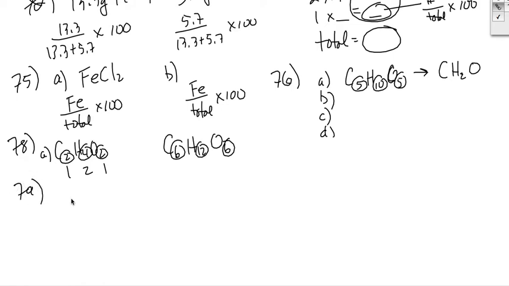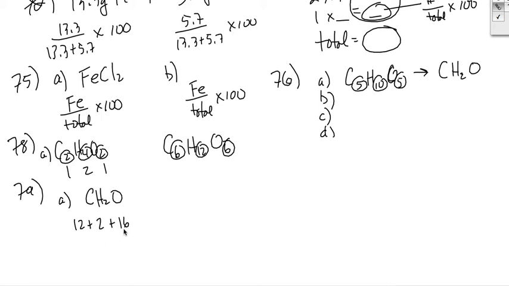79. What is the molecular formula for each compound, given the empirical formula and mass? All right, so this one here, 79, says what is the molecular formula? In A, the empirical formula is CH2O. That mass is a carbon, which is 12, 2 hydrogens, which is 2, and an oxygen, which is 16.